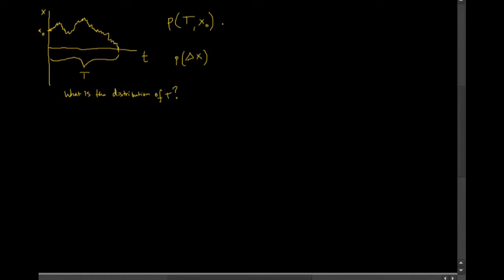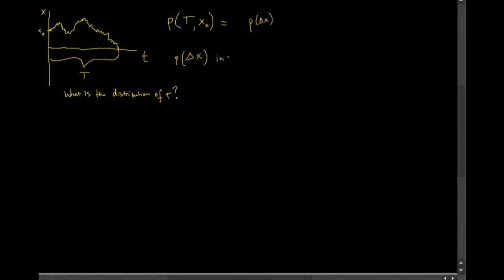Imagine that we took an initial step delta x. There would be some probability of taking that initial step. And if we had taken that step, what would we need in order to get a first passage time of capital T? Let's say that initial step took some amount of time delta t.